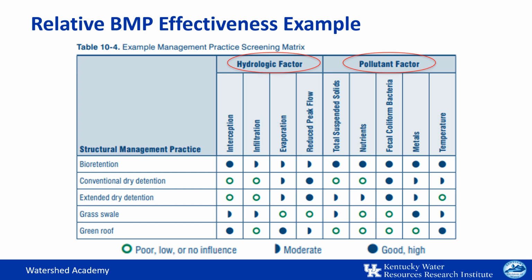For example, the first row provides ratings for bioretention. This practice rates very well for intercepting flow and moderate for the other hydrologic functions of infiltration, evaporation, and reduced peak flow. But its pollutant removal potential is very good for all categories, including nutrients, fecal coliform, metals, and temperature.